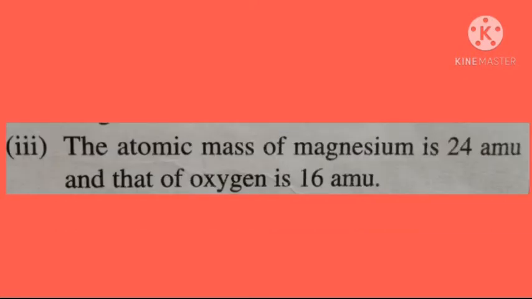The third point: the atomic mass of magnesium is 24 atomic mass units and that of oxygen is 16 atomic mass units. So from this example, we are going to calculate the total mass of the reactant side and the product side.